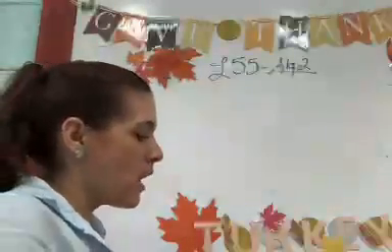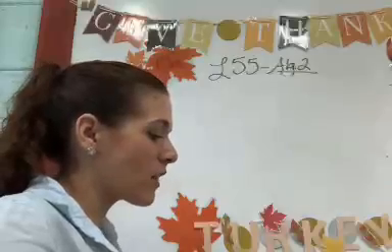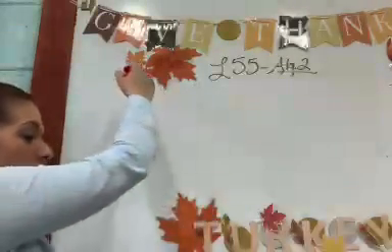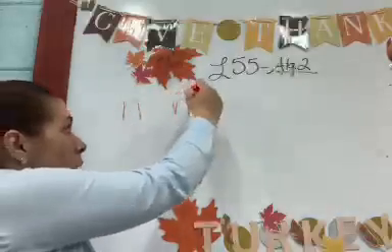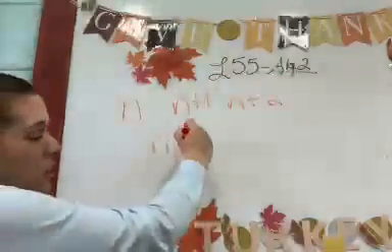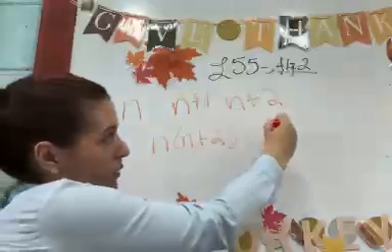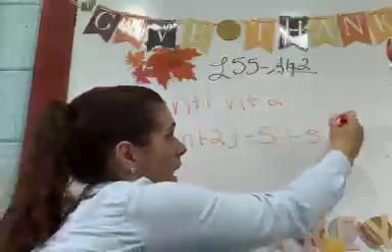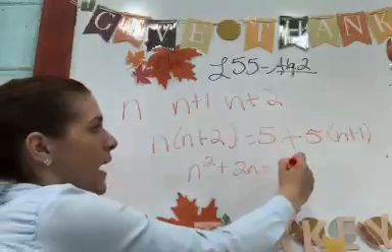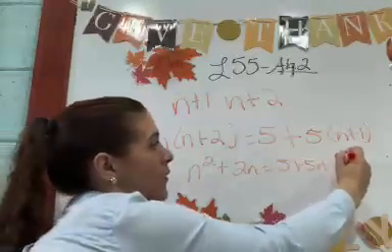Okay, letter C. Find 3 consecutive integers such that the product of the first and the third is 5 greater than 5 times the second. So we have n, n plus 1, n plus 2. The product of the first and the third is 5 greater than 5 times the second. Okay? n squared plus 2n equals 5 plus 5n plus 5.